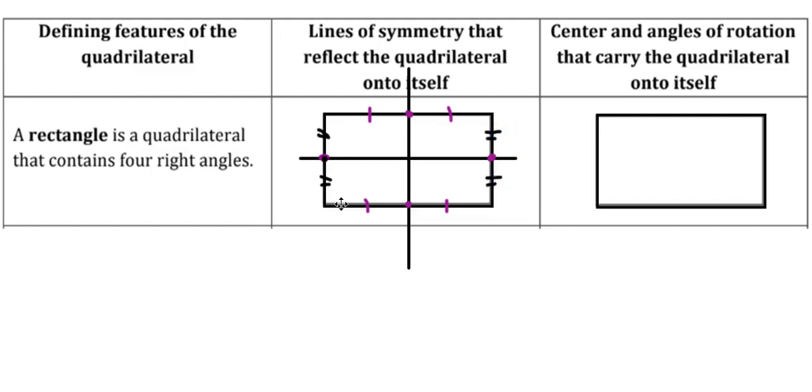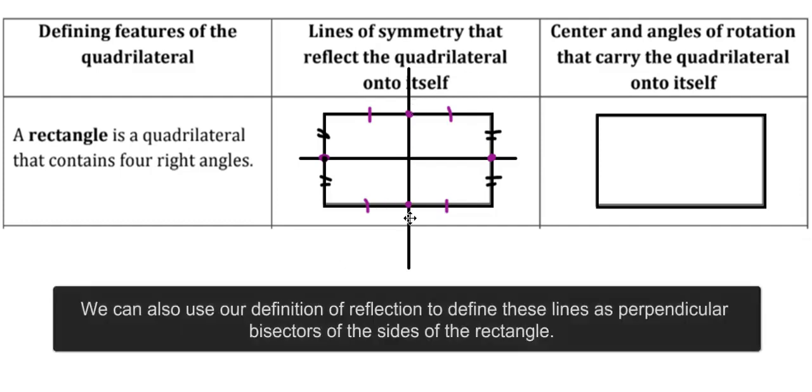That means when I complete the reflection, the top segment will coincide with the bottom segment. So a rectangle has two lines of reflection. Each line of reflection connects opposite midpoints.